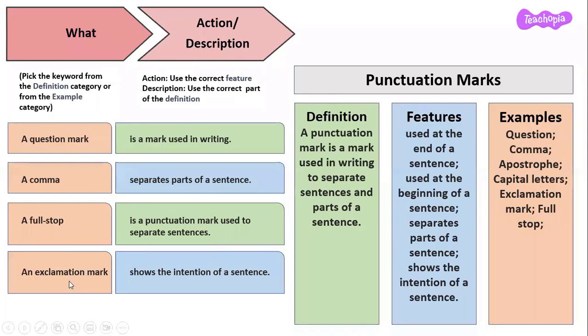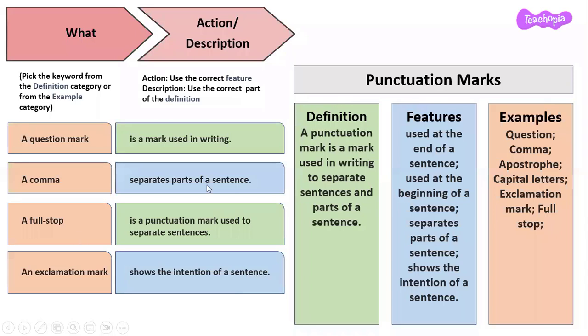And finally, what do I want to talk about? An exclamation mark. Sorry, I want to talk about an action regarding an exclamation mark. So I have borrowed a feature. It shows the intention of a sentence. So I've taken that feature and put that here. So my entire sentence would be an exclamation mark shows the intention of a sentence.